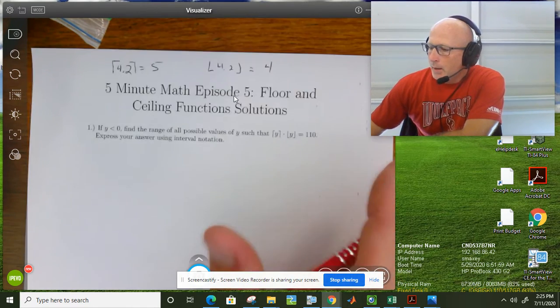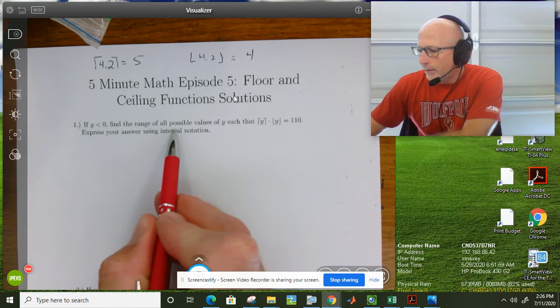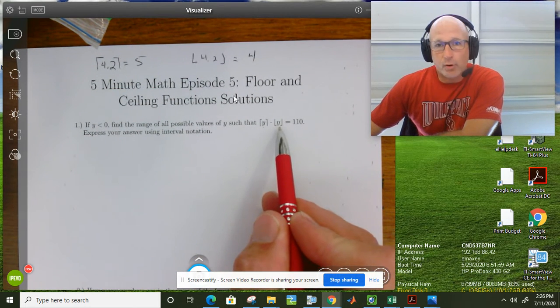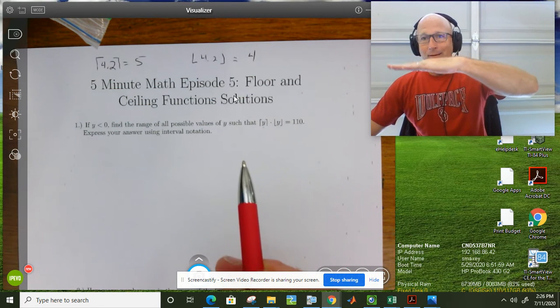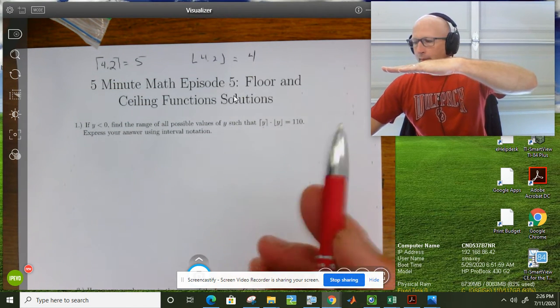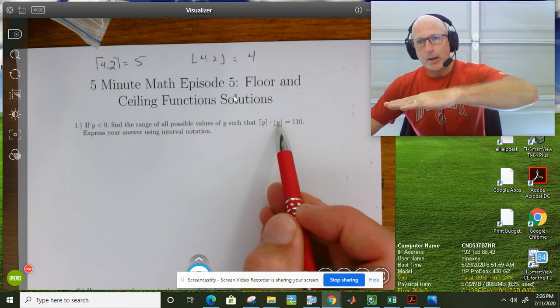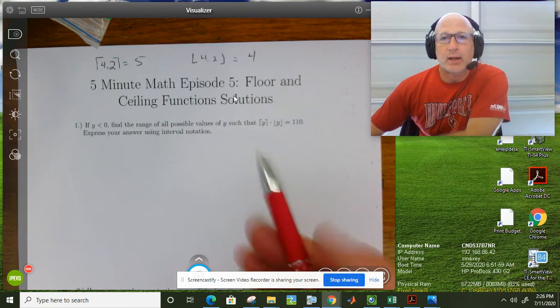Pretty simple. Okay, so if y is less than 0, so it's a negative number, find the range of all possible values of y such that the ceiling function of y times the floor function of y is equal to 110. Whatever y is, the ceiling function is going to bring it up, and the floor function is going to bring it down. That means those two numbers are going to be consecutive integers.